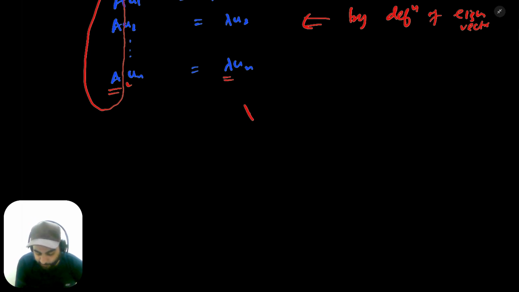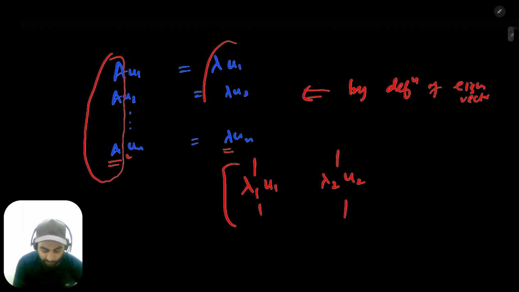So this will be lambda 1 u1, and we can just write it separately: lambda 2 u2, so a matrix basically, something like this.